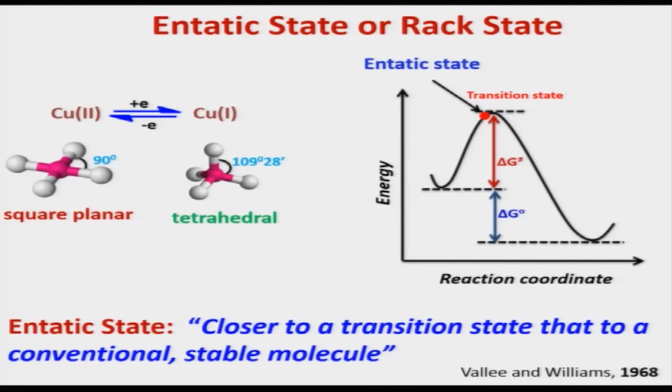Now, let us talk about the entatic state or rack state. Basically, copper 2 and copper 1 normally require a huge reorganization energy in geometry while transforming between each other.